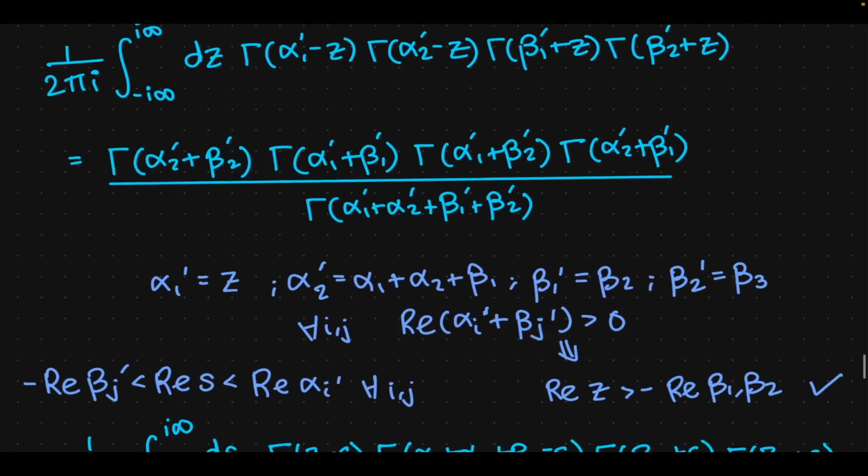Again, with the condition that the real part of alpha 1 prime plus beta 1 prime is greater than 0. And if you plug in whatever each of these guys are, you will essentially end up with the non-trivial condition: the real part of z is greater than minus real part of beta 1 and minus real part of beta 2, which in our case is satisfied.